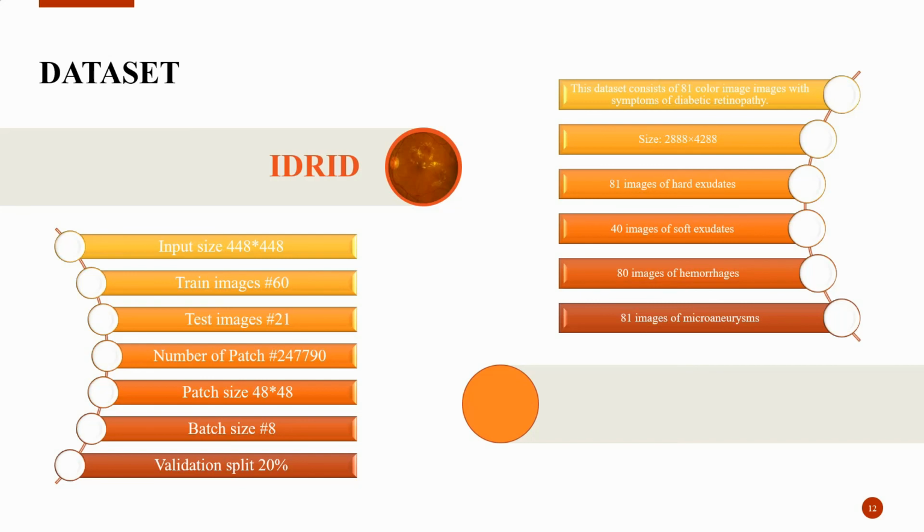It is presented as a binary mask to evaluate the performance of single lesion segmentation techniques. Out of 18 hard exudate images, 16 images were randomly selected for the training set and 21 images for testing. Out of 16 images, 20% have been selected for validation.